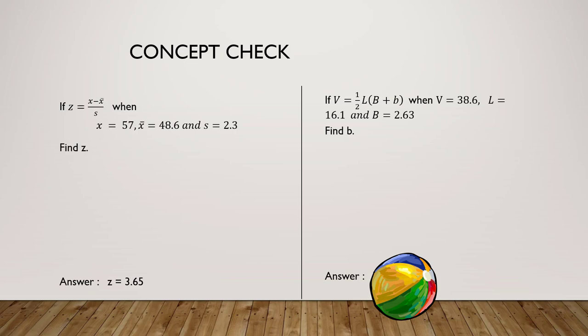There is a difference between the capital B and the lowercase b. You are looking for the lowercase b. Please take a moment to solve this while pausing the video. When you're ready, resume the video again. The answer to the second problem is b is equal to 2.165.